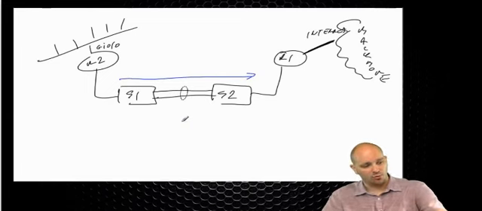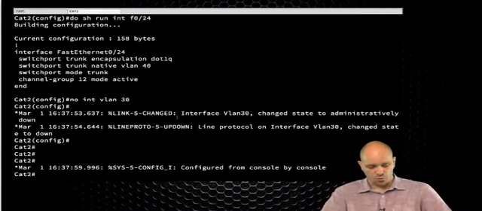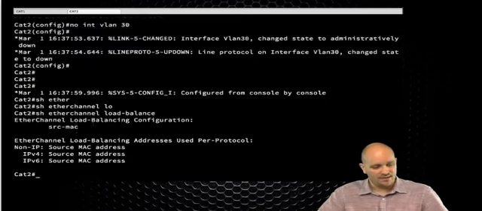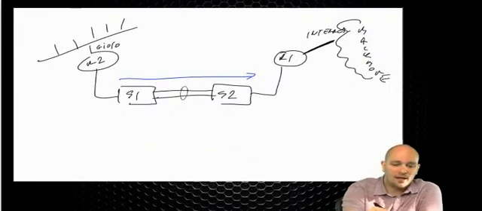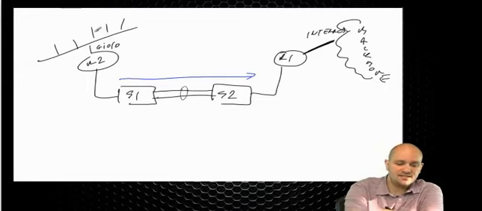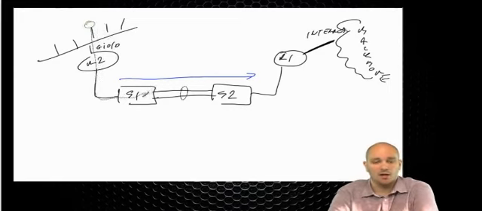Now, if we go back to the terminal, and if I do show etherchannel load-balance, I will see that by default, the load balancing mechanism is the source MAC address. Which means that when traffic from these hosts is sent, let's say there is a host here that actually sends the traffic, it's going to arrive here to the switch, and it's going to come to the EtherChannel. Now, switch 1 needs to sort this traffic based on the source MAC address of this traffic.